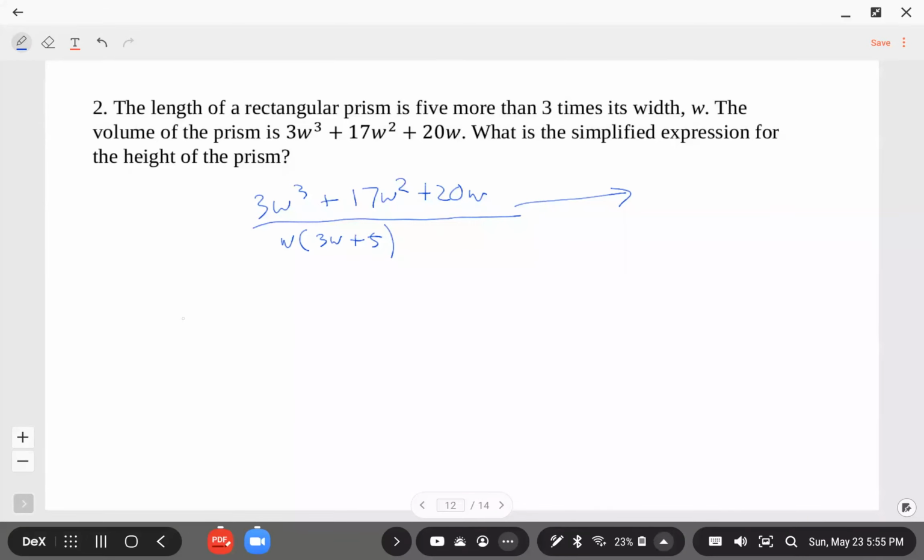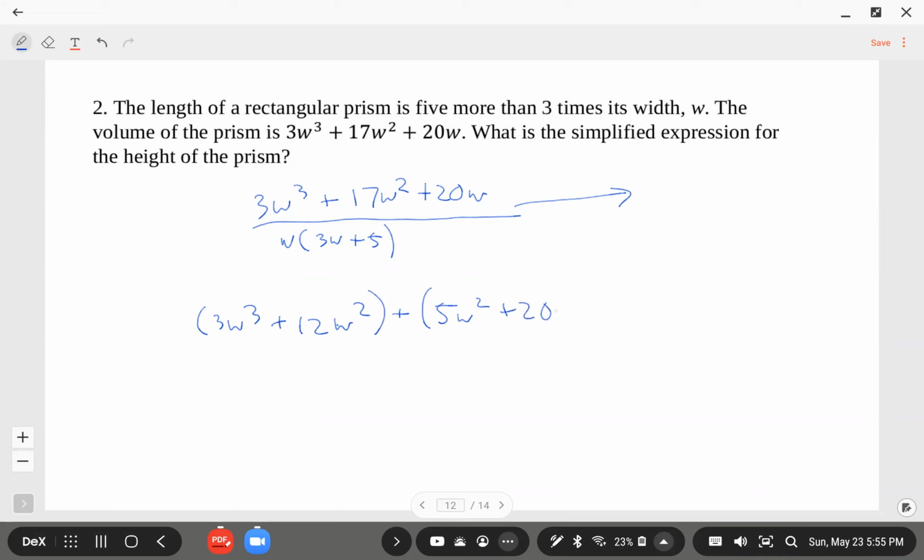All right, so 3W cubed plus 12W squared plus 5W squared. Okay, why is my hand shaking like this?